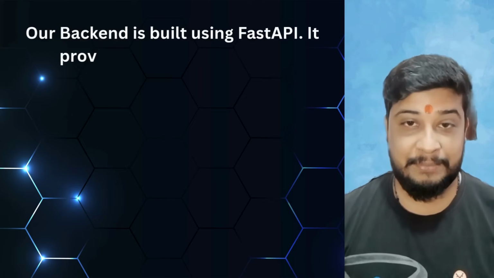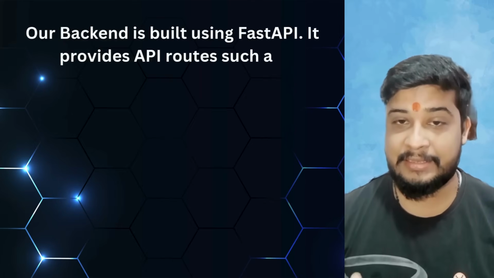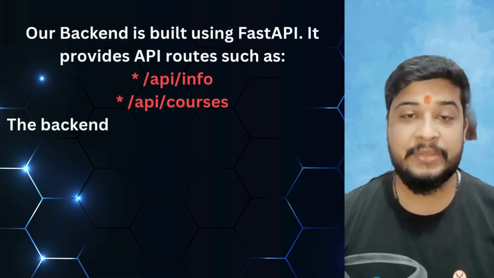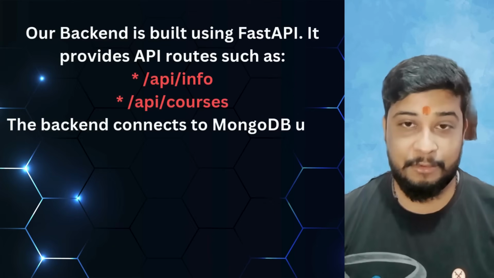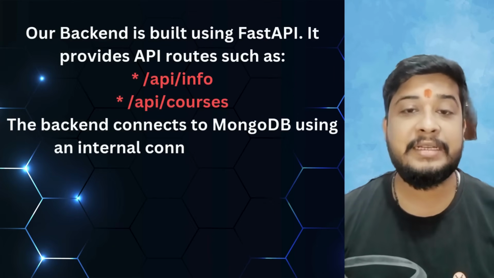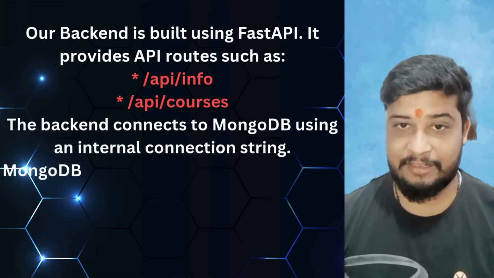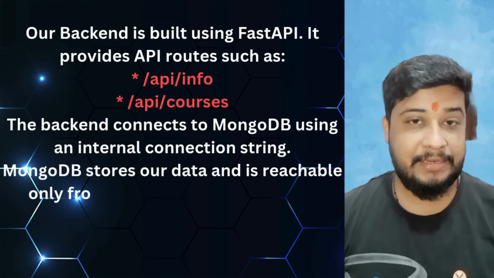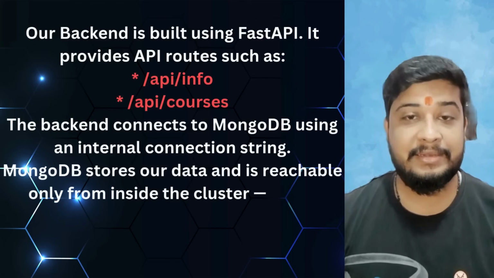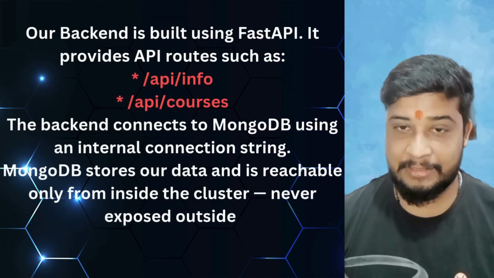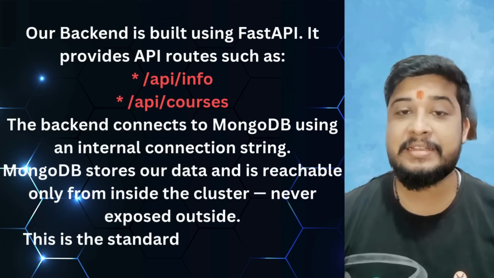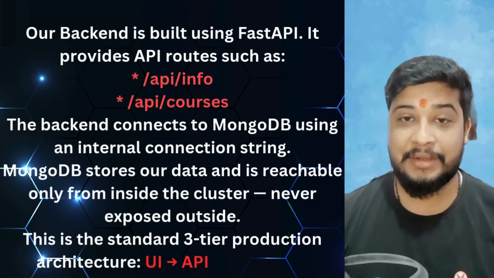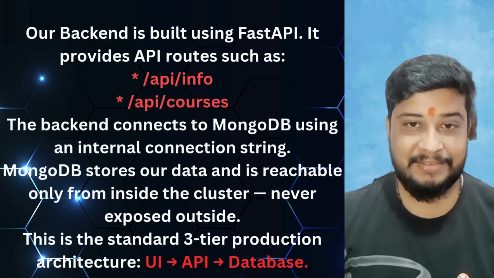It provides API routes such as /api/info and /api/courses. The backend connects to MongoDB internally using an internal connection string. MongoDB stores our data and is accessible only inside the cluster, never exposed to the outside. This is a real production-grade 3-tier architecture: UI, API, and database.